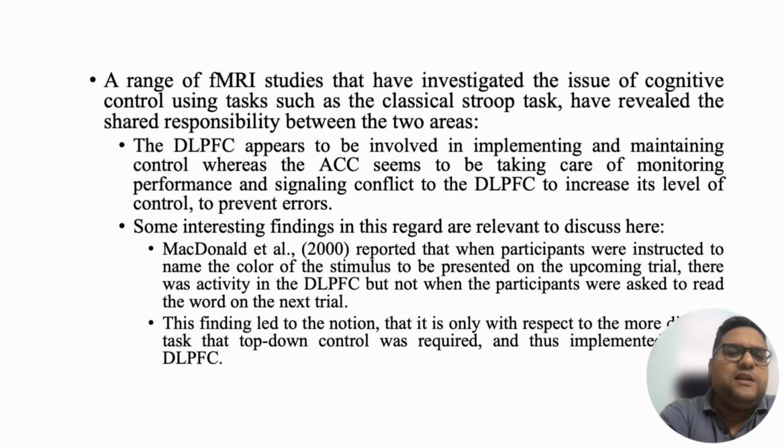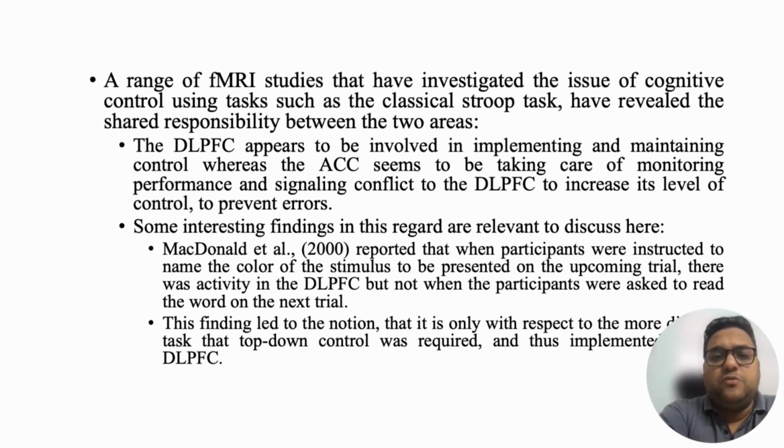Some interesting findings in this regard are relevant to discuss here. For example, McDonald and colleagues reported that when participants were instructed to name the color of the stimulus to be presented on the upcoming trial, there was no activity in the dorsolateral prefrontal cortex, but when the participants were asked to read the word on the next trial, it was there.